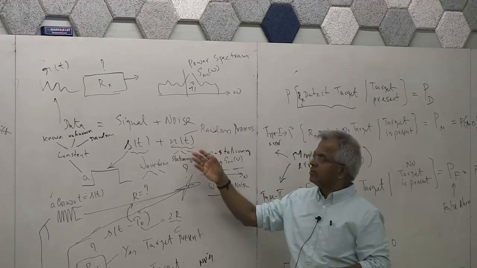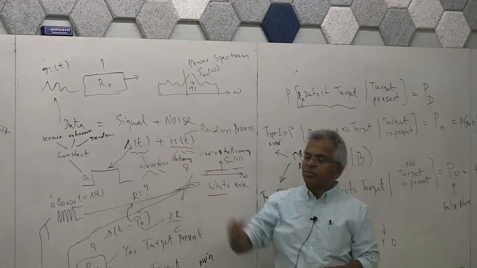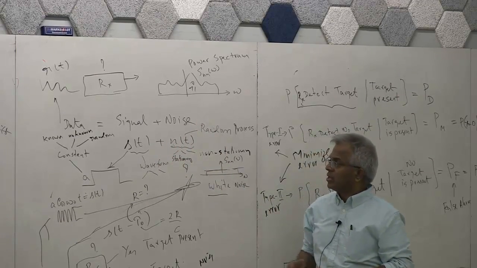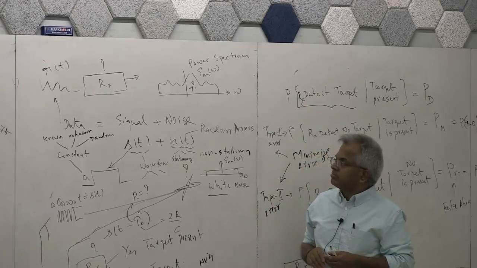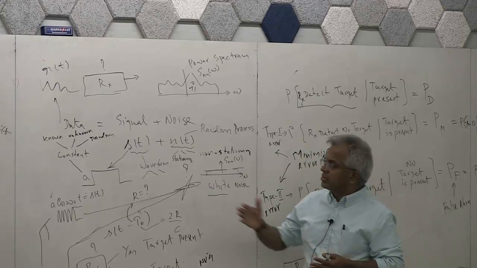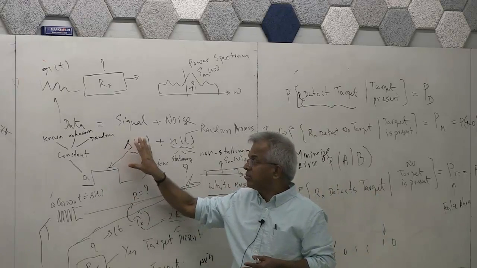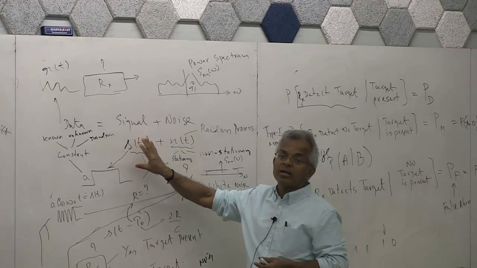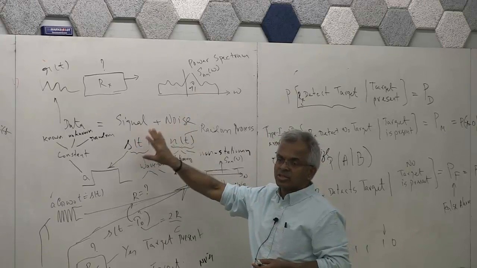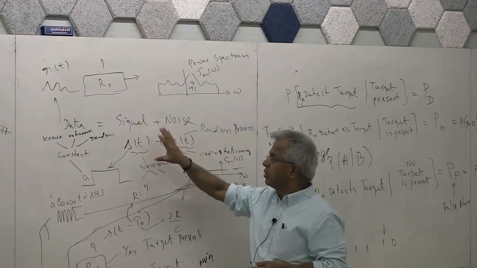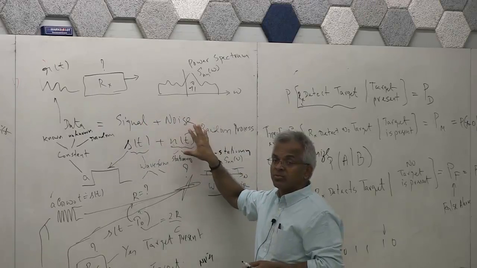We'll study this a bit more when we do stochastic processes. So a little later, maybe in the second half of the course, we will retouch this problem. We'll come back to this problem where it's a waveform plus noise.